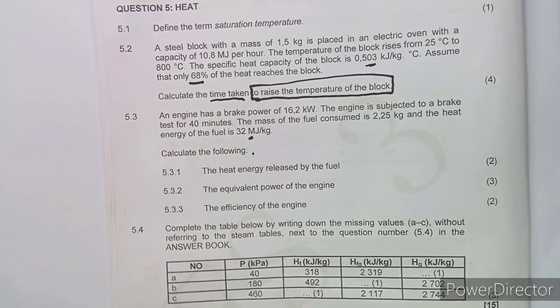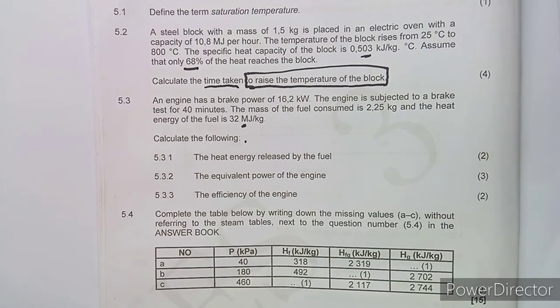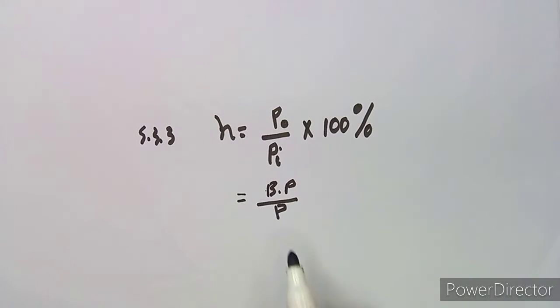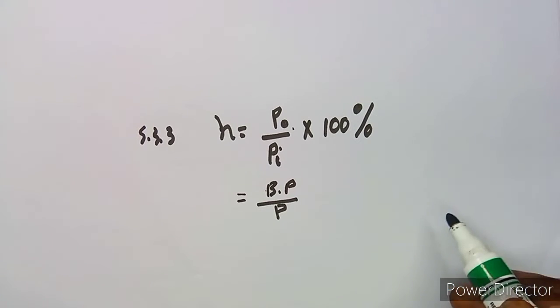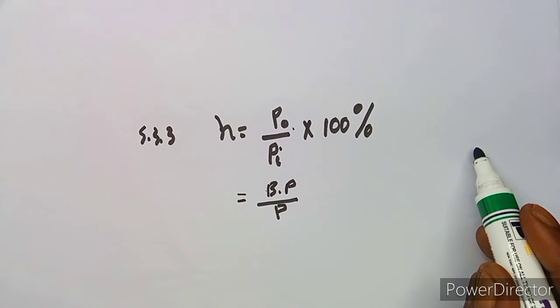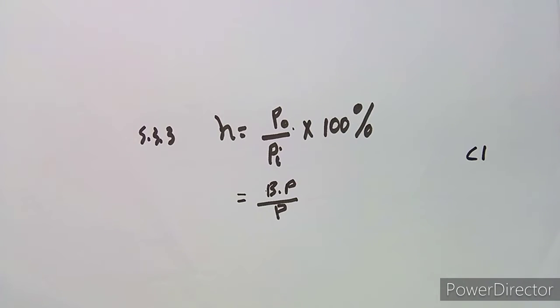Another trick that you can use in an exam, guys: efficiency is supposed to be less than 1. We can't have an efficiency which is greater than 1 in a normal case.